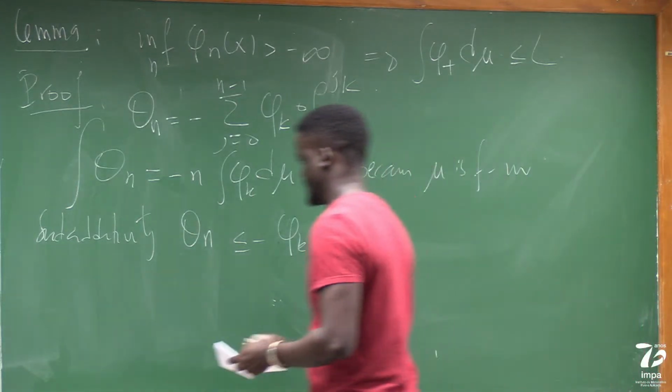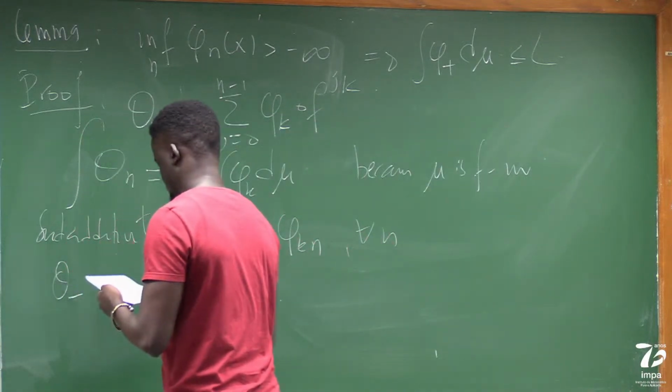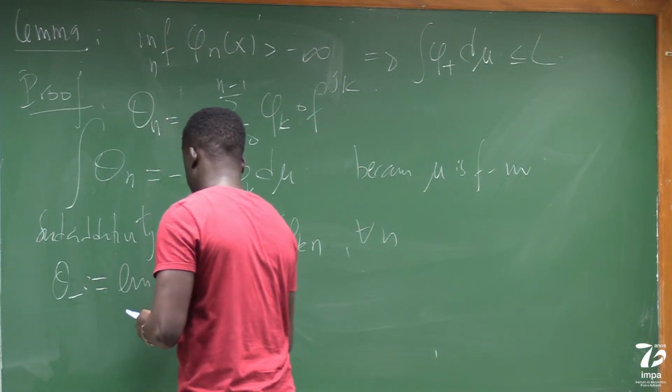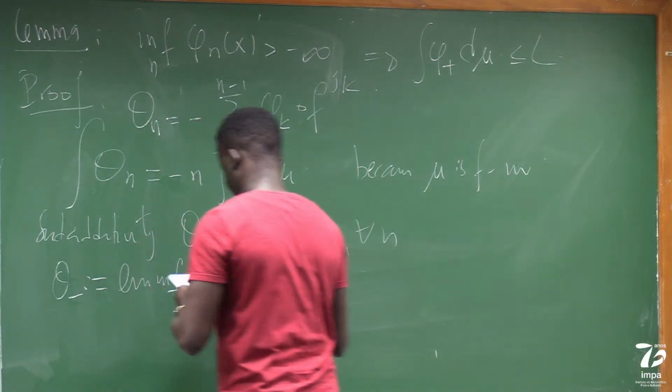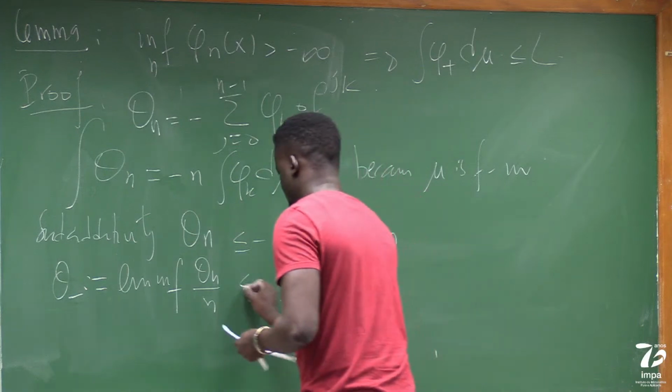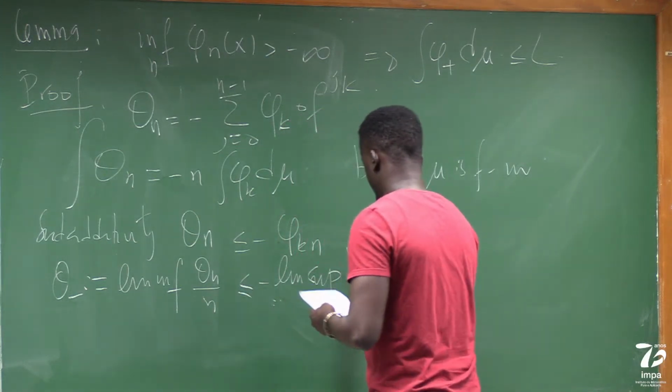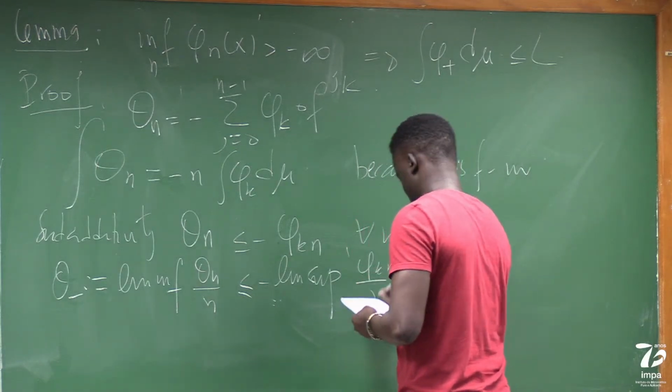So what you will have here is theta minus, which by definition is the lim inf of theta n over n. This is less than minus the lim sup of phi k n over n.